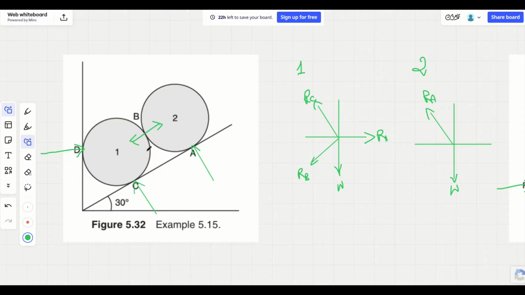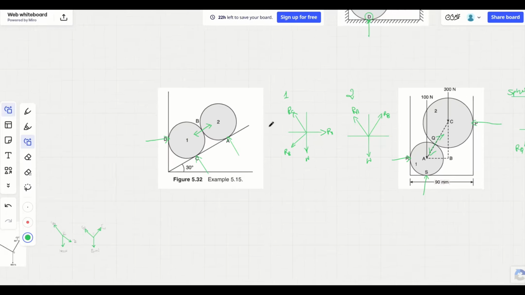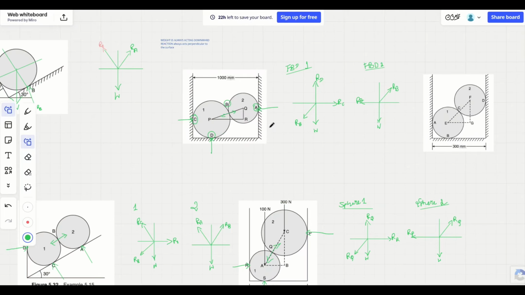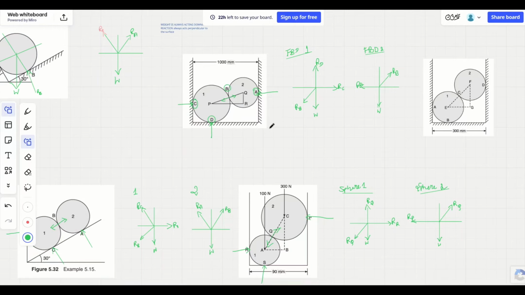And next, this is RB moving in this direction, so this is RB. And the sphere weight is done. These two are contact forces for sphere 2. So this is how you draw the free body diagram for this. I hope you understood.